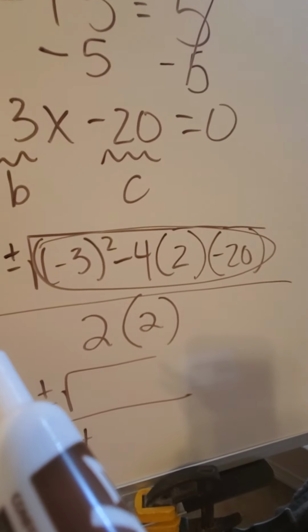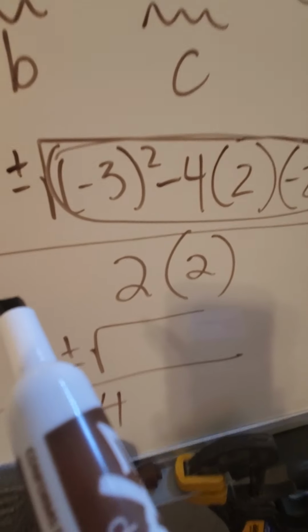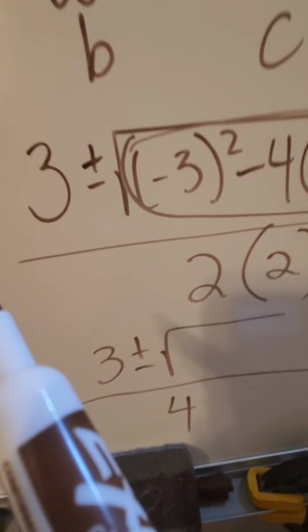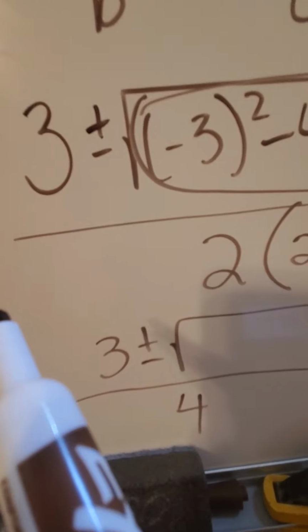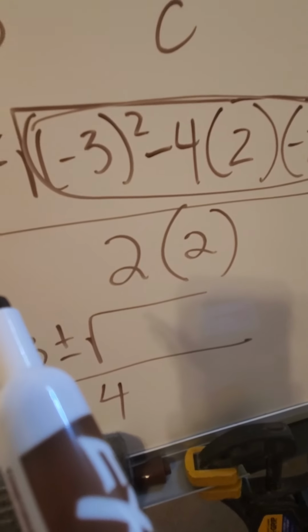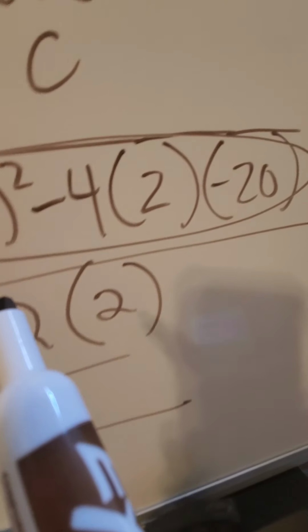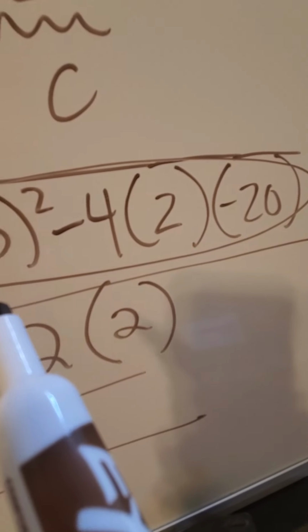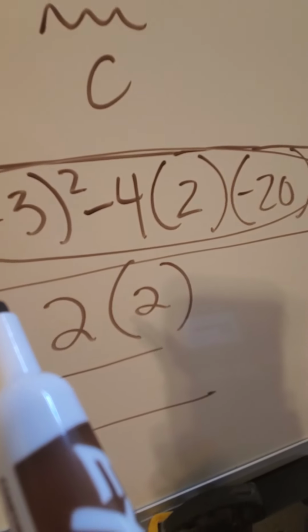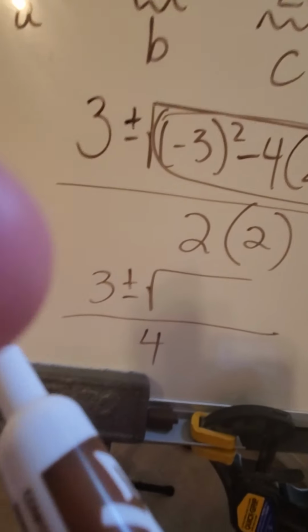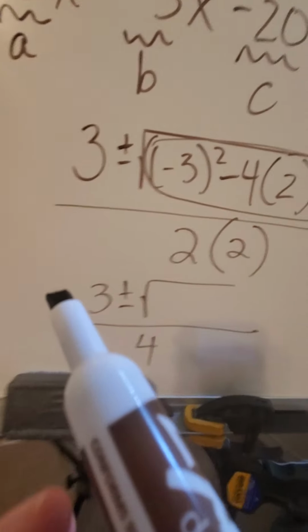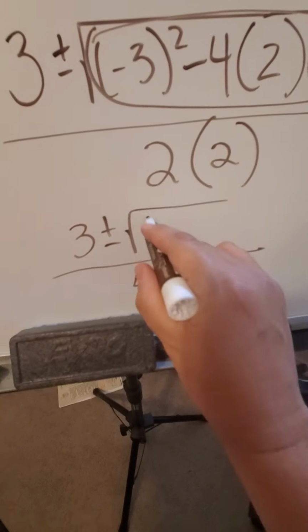You can say parentheses, negative 3, close parentheses, squared, minus 4, parentheses, 2, close parentheses, open parentheses, negative 20, close parentheses, and I get 169, okay? So that's what's going to go in here.